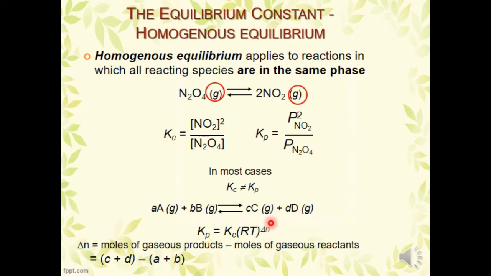How to calculate the change in number of moles? You total up the moles of product minus the total moles of reactant. For example, in this reaction, total moles in product is 2, total moles of reactant is 1. So 2 minus 1, the change in number of moles will be 1.